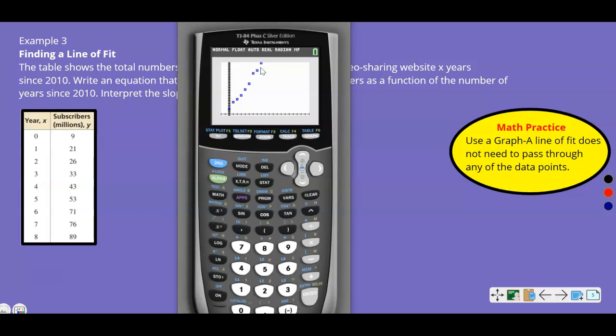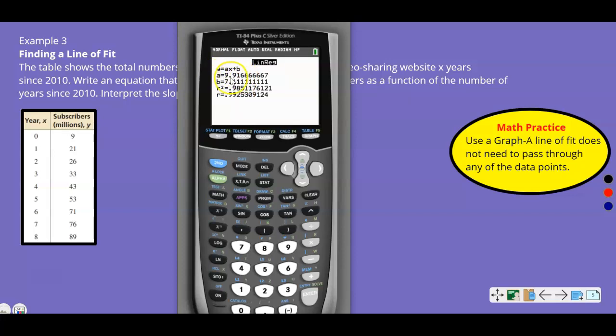Now, once your scatter plot is in here, you can also have your calculator write an equation for you. Go back to Stat. This time, instead of editing, we don't need to put the table in. We need to calculate an equation. We're working with a linear equation, y equals mx plus b. Here it uses ax plus b, but for a linear equation, click 4. It's going to give you your a and your b. So you could write that equation.